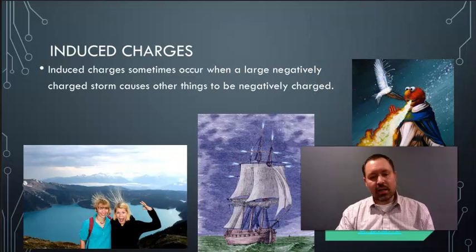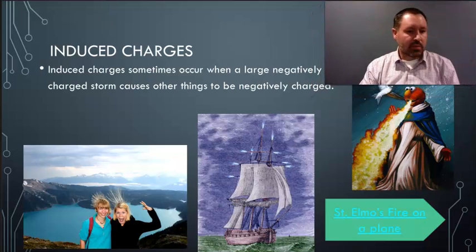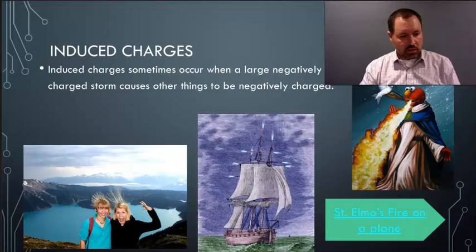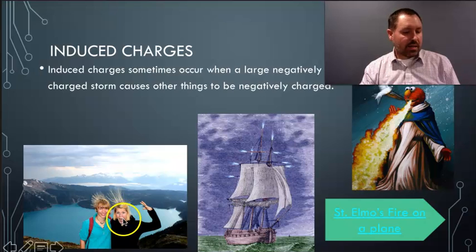It's something called St. Elmo's Fire. And it's because of induced charges, and this is induced charges in nature. Induced charges sometimes occur when large negatively charged storms cause other things to be negatively charged. So take a look at these ladies. There's a storm probably nearby, and it's creating these charges in these ladies' hair.